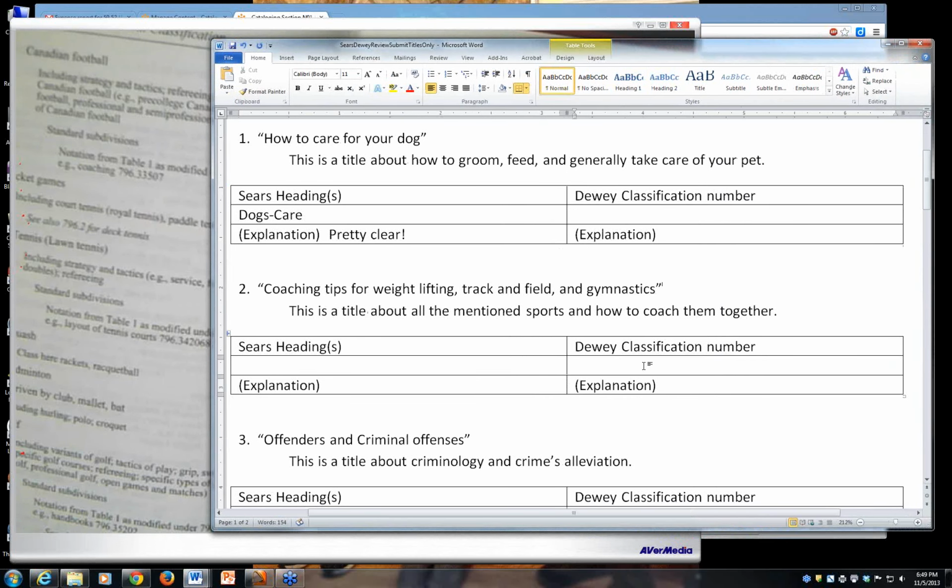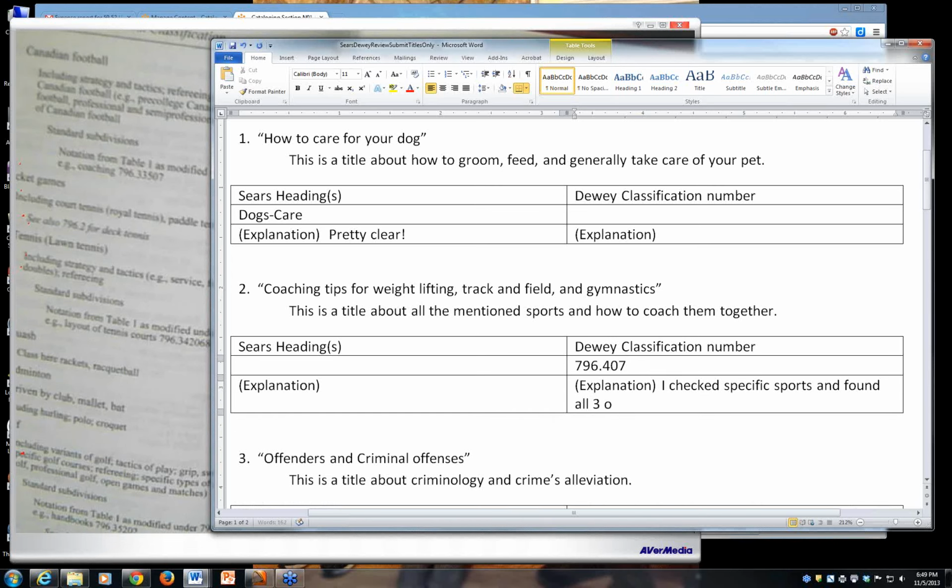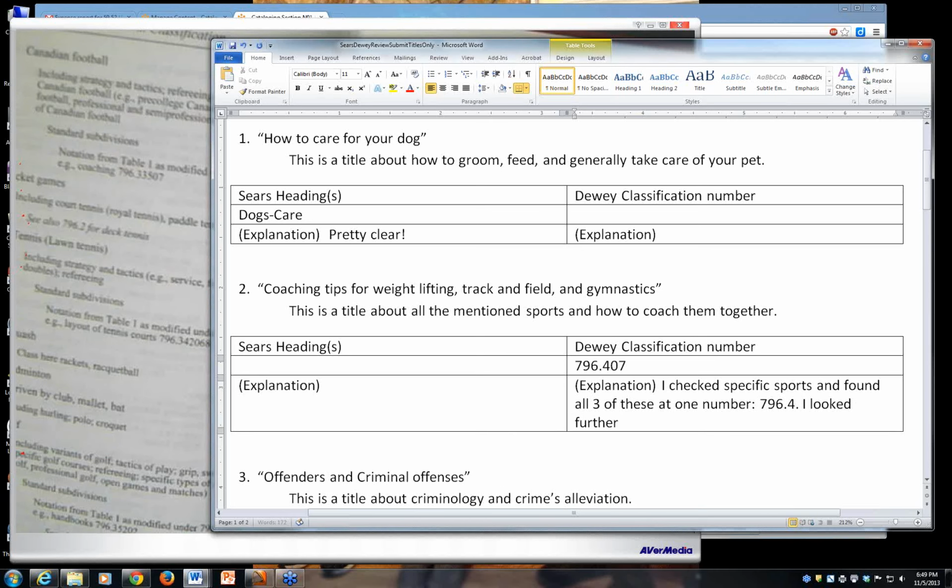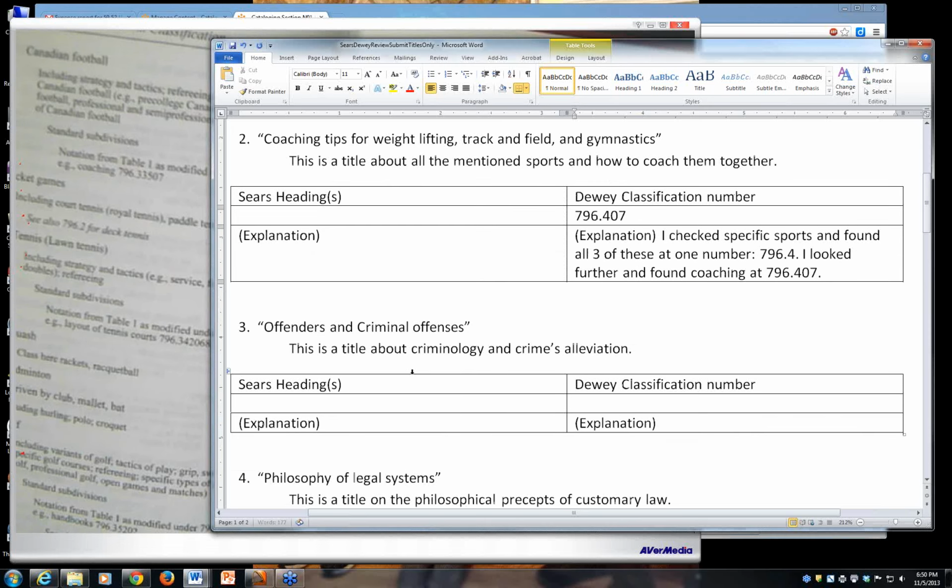So our Dewey classification, 796.407. My explanation: I checked specific sports and found all 3 of these at one number, 796.4. I looked further and found coaching at 796.407. There's my explanation.